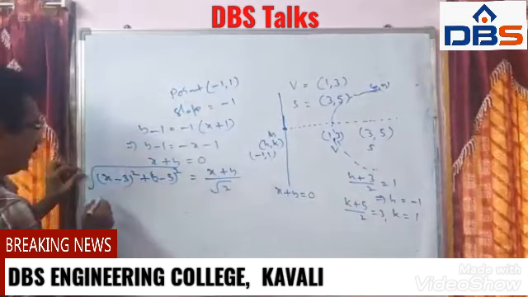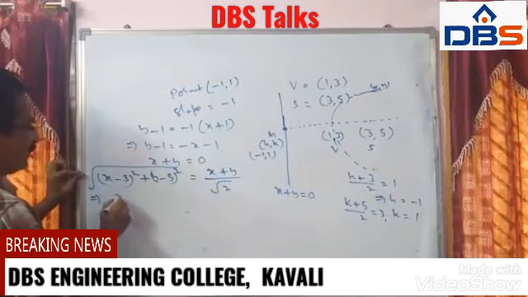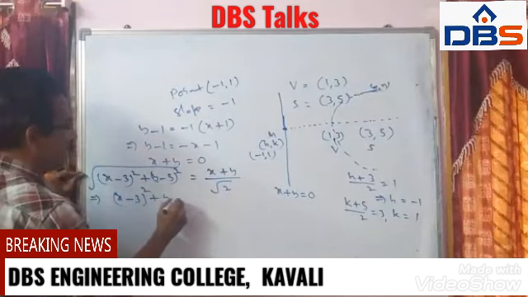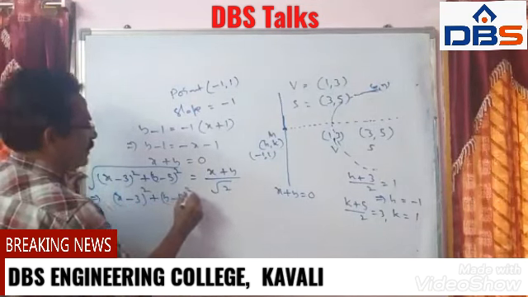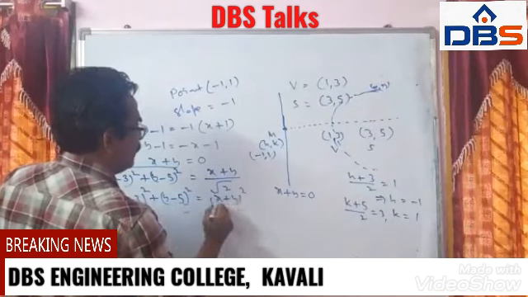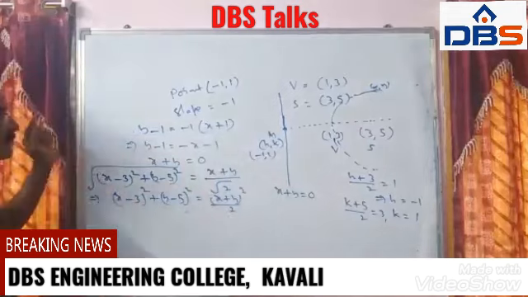Squaring on both sides, (x minus 3) whole square plus (y minus 5) whole square is equal to (x plus y) whole square by 2.